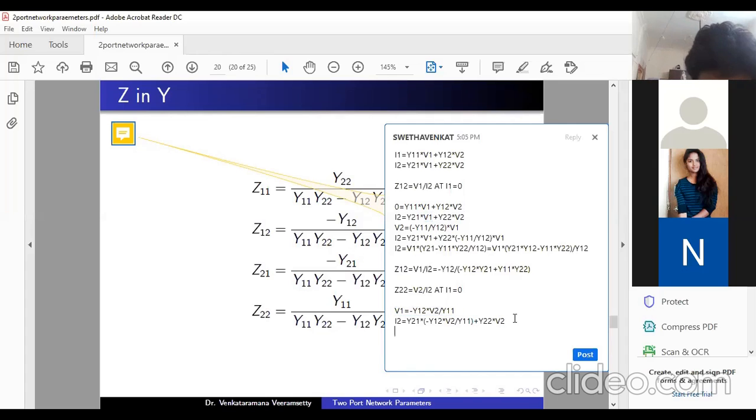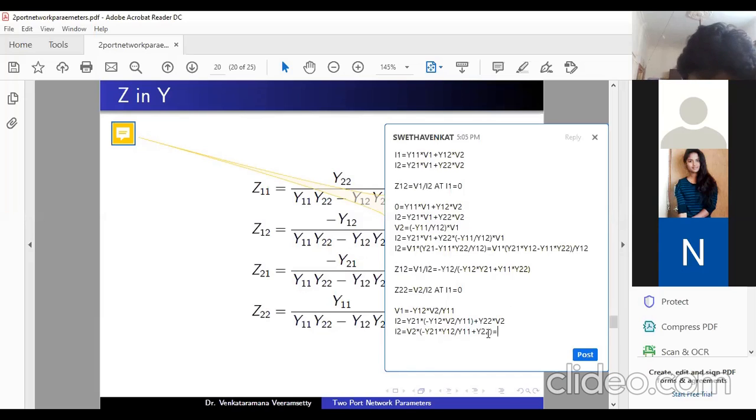Now I2 equal to, take V2 common. If you take V2 outside, then we have minus y21 cross y12 divided by y11 plus y22.